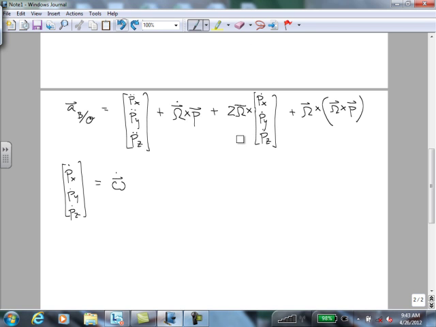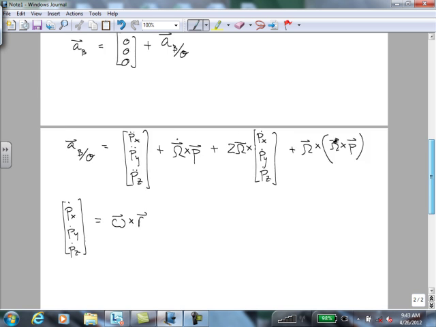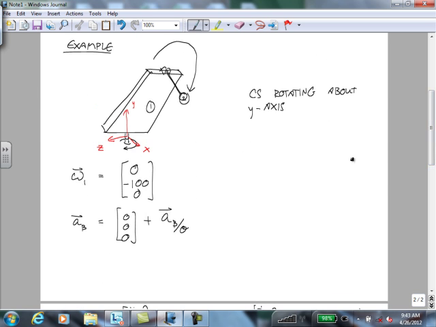And that R vector, remember, is the vector from the center of rotation to the point of the arm. So that's not the vector from the origin to the ball. That's the vector from this hinge to the ball.